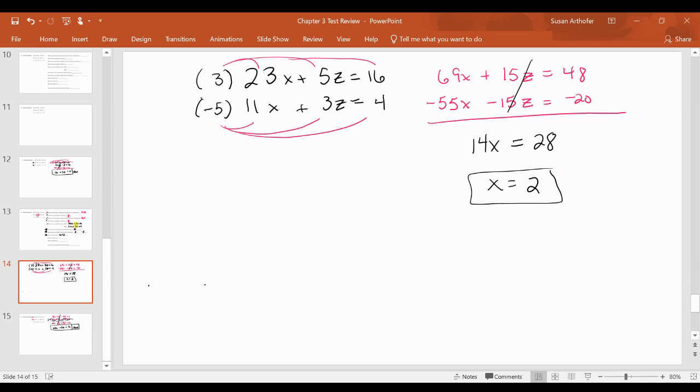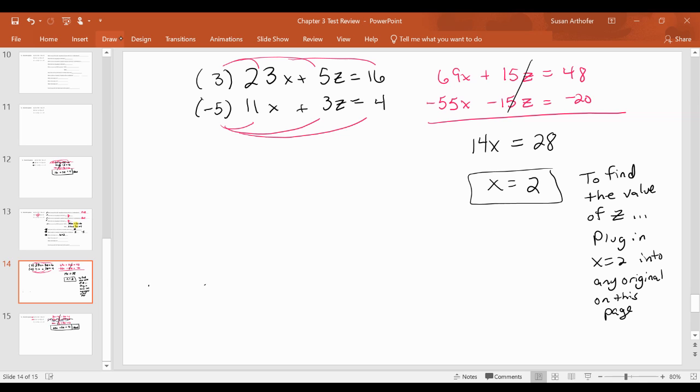All right, so once we get x equals 2, now we're back to the same kind of work that we did on problem number 4. So to find the z, plug in x equals 2 into any original equation on this page, or plug it back into one of the new ones.